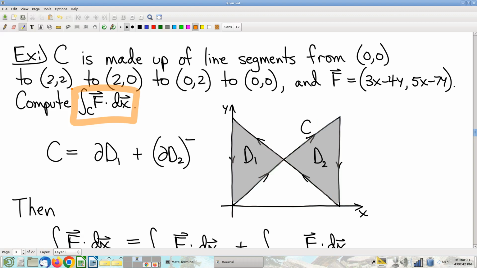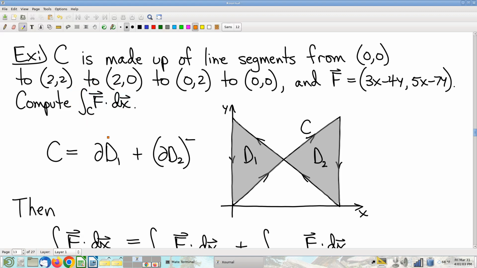I'd have to parameterize each one of these curves and plug and chug, which I guess I could do. But that's 4 separate integrals, 4 separate parameterizations. There's a potential for it to get out of hand, and certainly a lot of potential for mistakes. So, not a desirable solution.